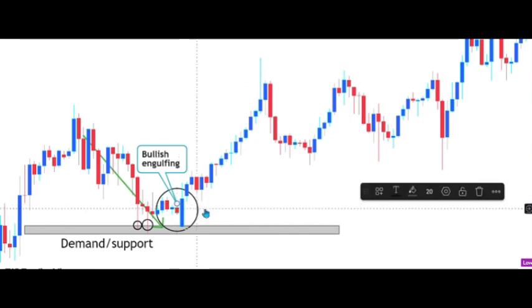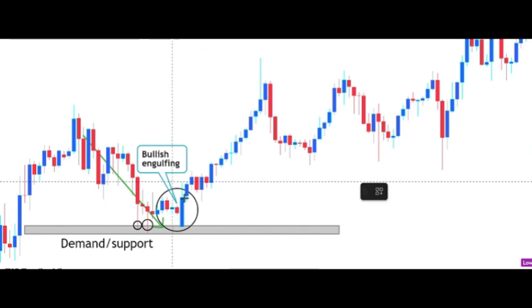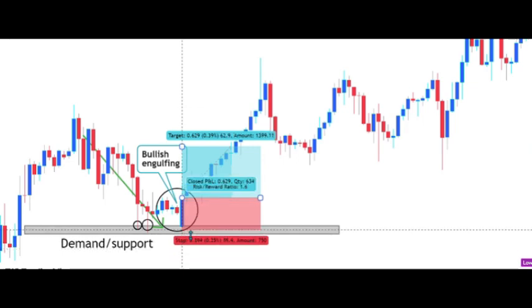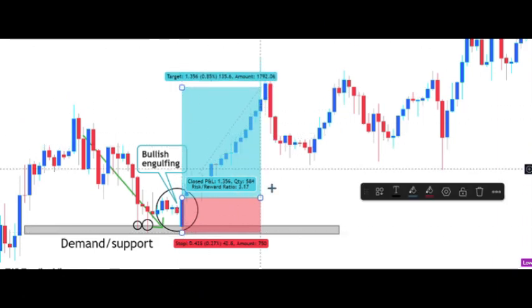It is very imposing and shows aggressive buying pressure coming into the market. So at the close of that blue candle, you can place your buy order and place your stop loss just below that demand zone or support zone, or just below the bullish engulfing candle, and target a 1 to 2 or 1 to 3 risk to reward ratio to the upside.